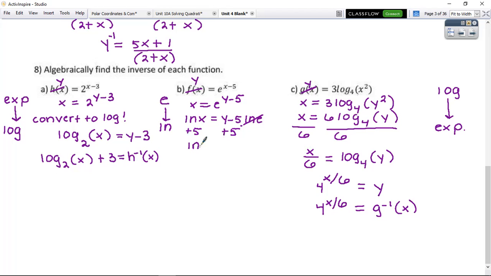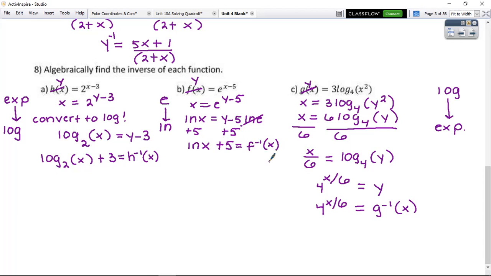Natural log of x plus 5 is equal to f inverse x. Okay, so those are your trickier 3 inverses. How do you guys feel on those so far?